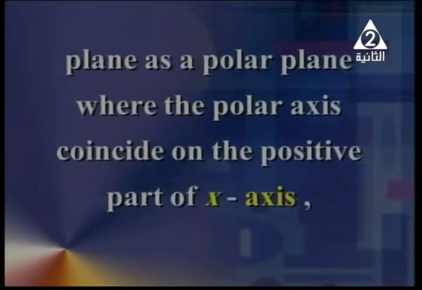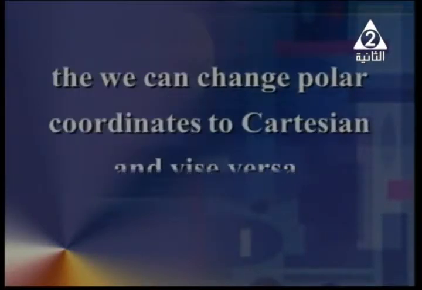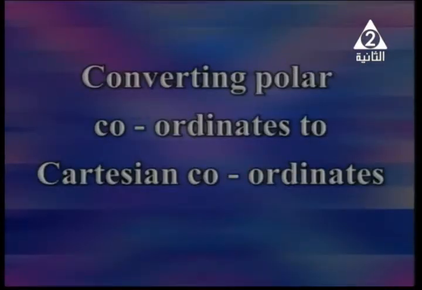Dear student, look at a polar plane where the polar axis coincides with the positive part of the x-axis. We can change polar coordinates to Cartesian and vice versa. Conversion of polar coordinates to Cartesian coordinates: now we will see how to convert from polar to Cartesian and vice versa.